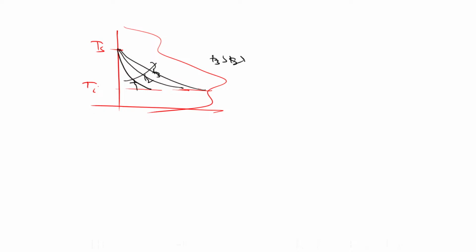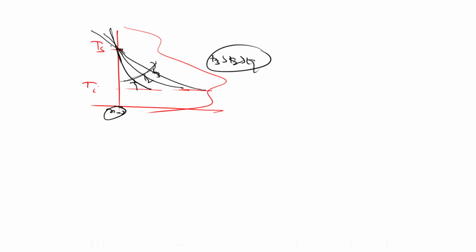T3 is more than T2 is more than T1. Yes or no? And if you see the flux here, the gradient is going to decrease. Yes or no? And how does the gradient decrease? The gradient decreases at x equals 0. I'm saying here, the temperature gradient at x equals 0 is inversely proportional to time, and that's why the flux is inversely proportional to time at x equals 0. The flux is getting decreased.